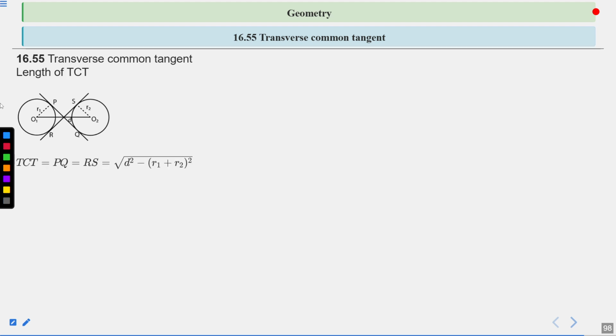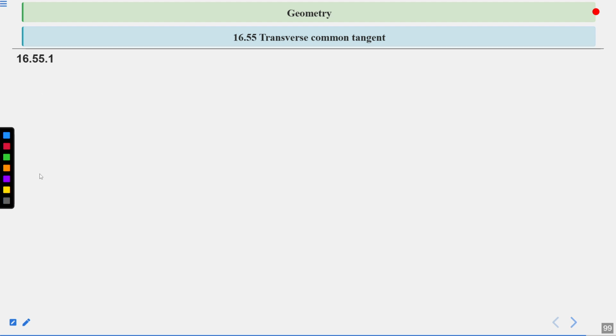The transverse common tangent PQ equals RS equals under root D square minus (R1 plus R2) whole square, where D is the distance between the centers of the circles. So the direct common tangent is always greater than the transverse common tangent. Next one.